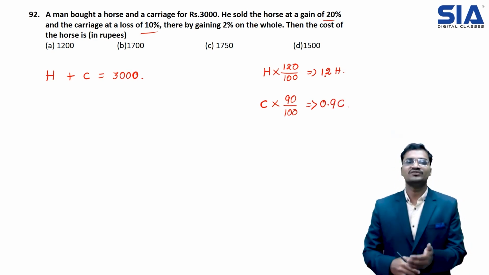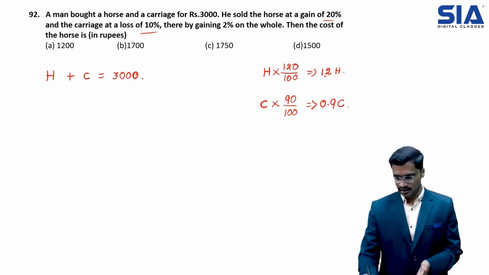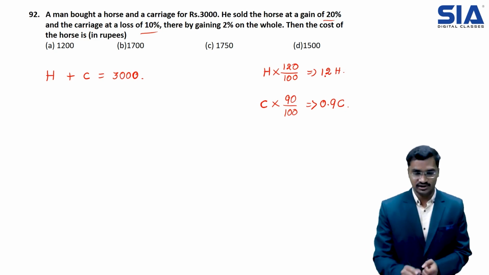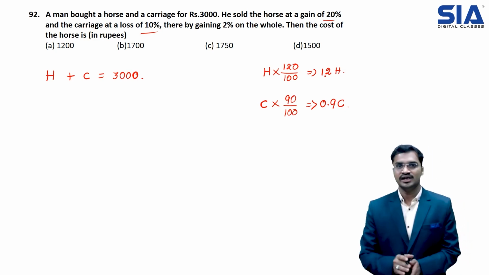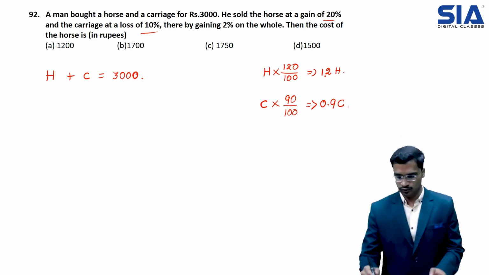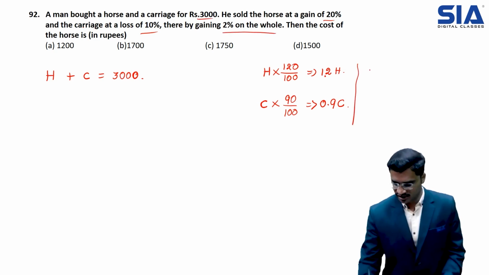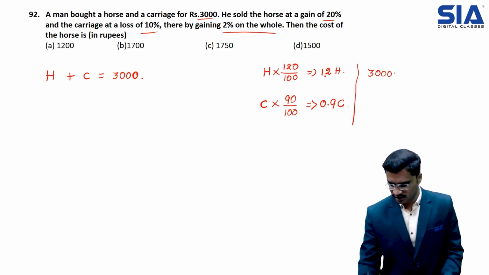0.9C. So after this transaction, after selling the horse for 1.2 H and the carriage for 0.9C, he is gaining 2% on the whole. So he is gaining 2% on 3000, which is 60 rupees.